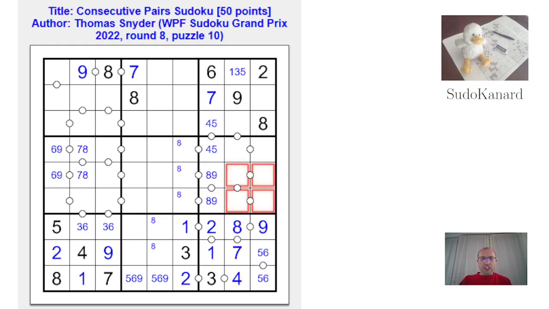4 consecutive digits here. What we can ask, well, actually, we know that 7 is somewhere in here. And it won't be followed by an 8, so it can be 7, 6 with a 5 here.